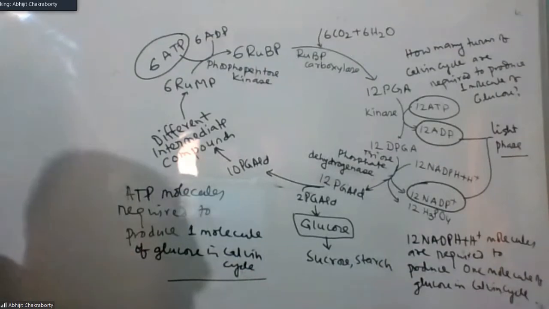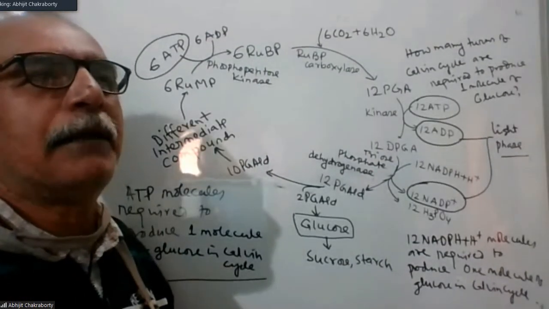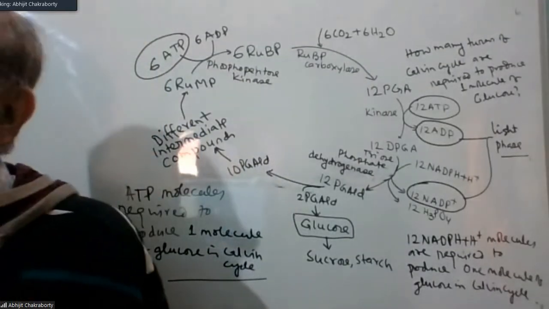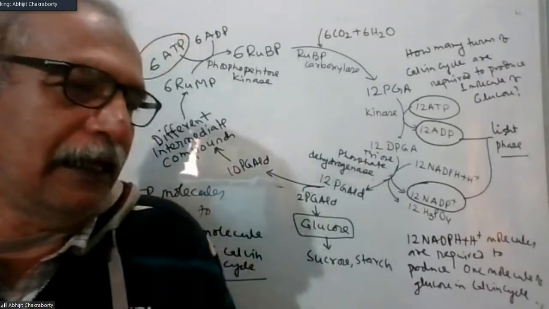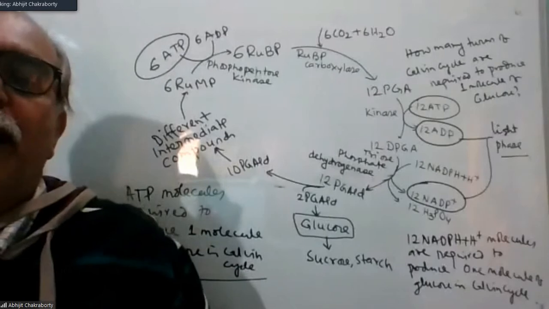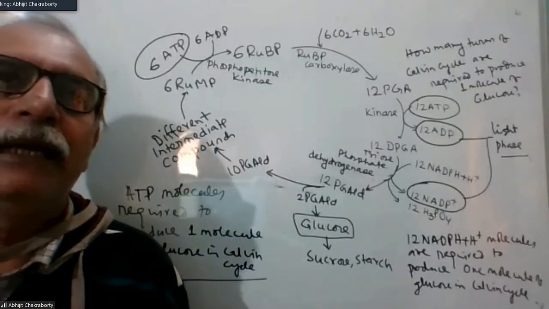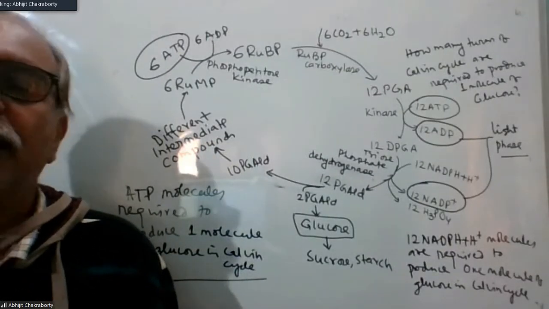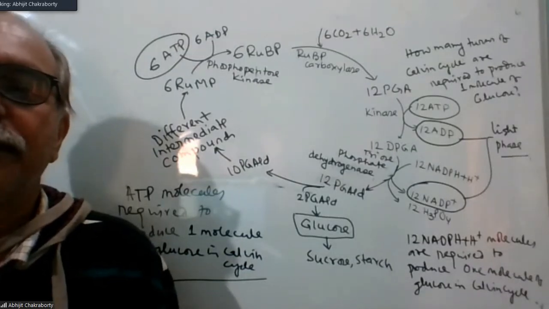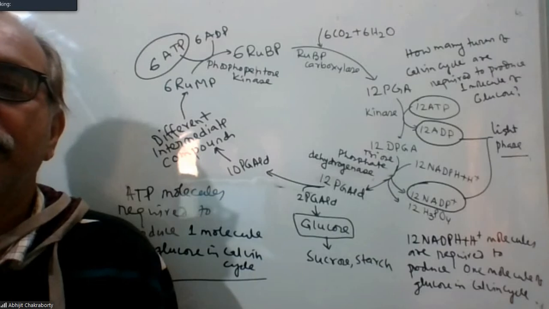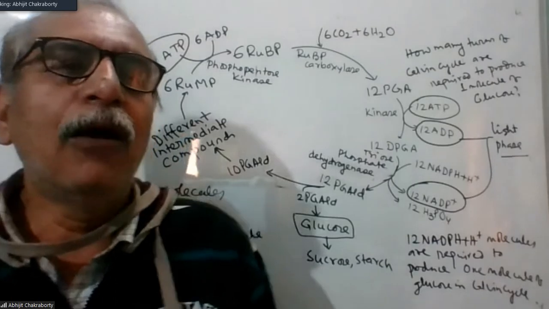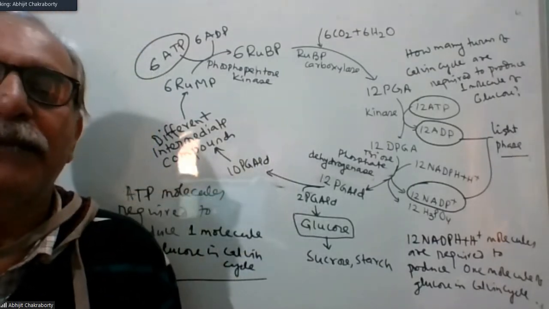Generally, a question comes: to fix 1 molecule of carbon dioxide in Calvin cycle, listen carefully, how many ATP and NADPH molecules are required? Can you tell me?